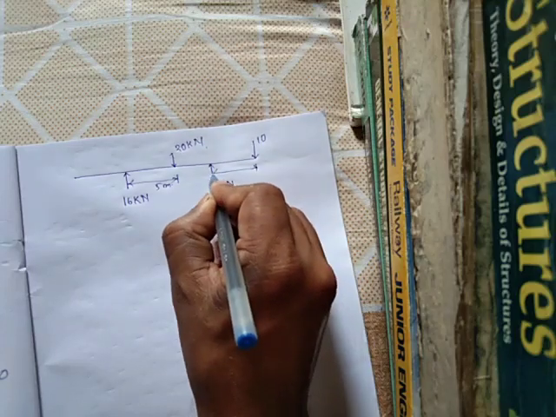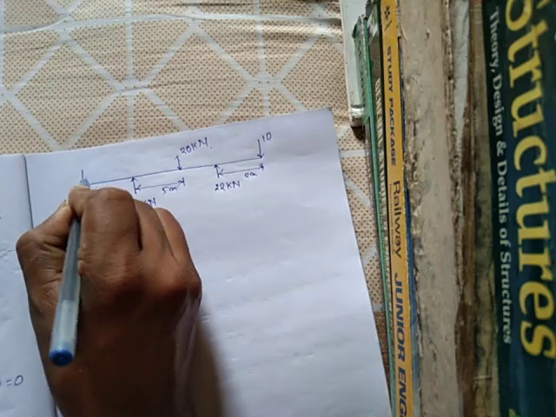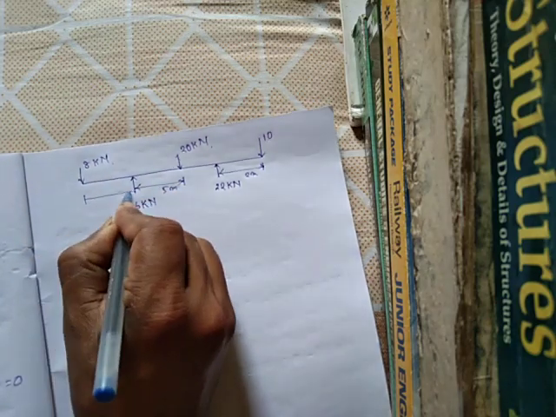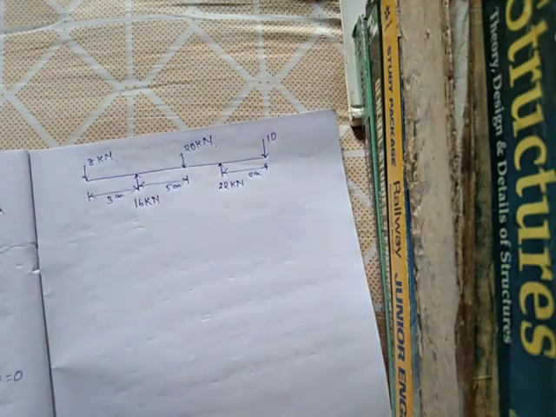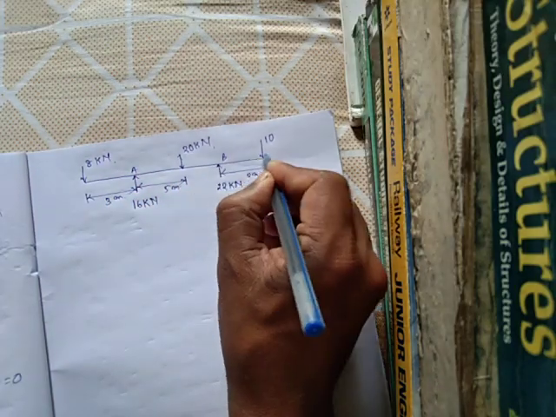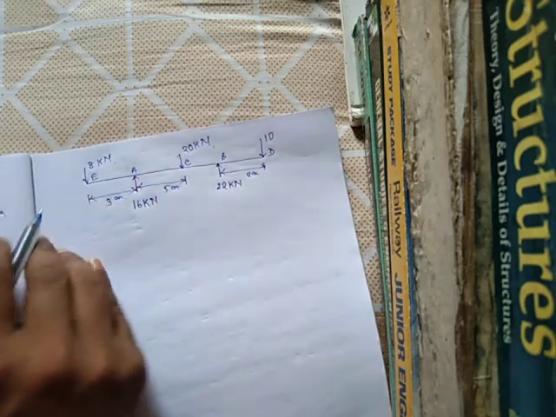The overhang portion length is 2 meters, and on the left side there is an 8 kilonewton load with the overhang length 3 meters. These are point A, point B, point C, point D, point E.